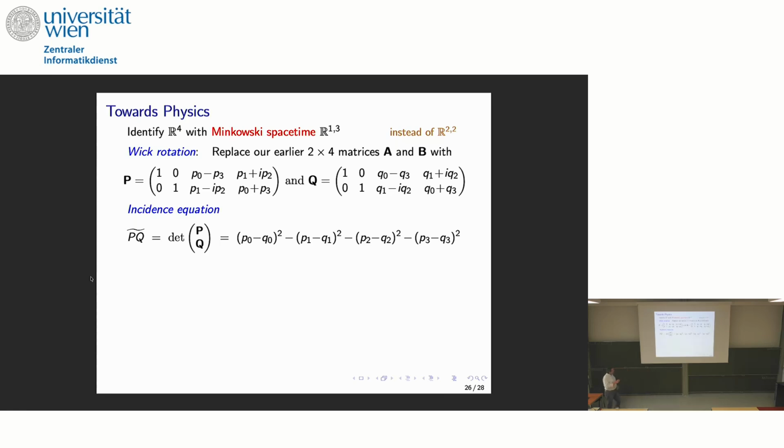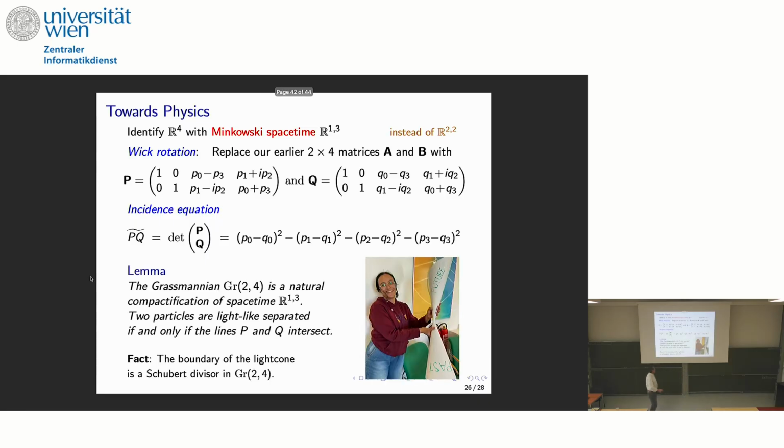Now, the incidence relation becomes this, right? Now, stack this matrix on top of this matrix, take the determinant, and now this is the determinant. Okay, so this means I have two particles, P and Q, whose difference vector is on the light cone. They are causally related. And there's Veronica.